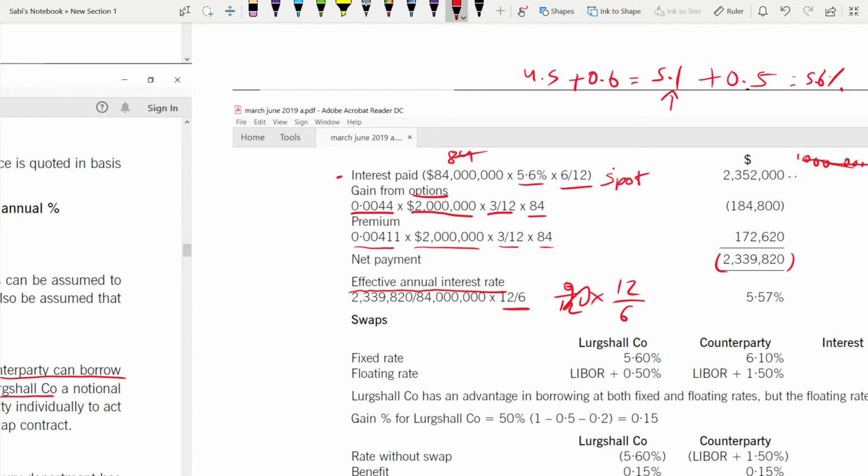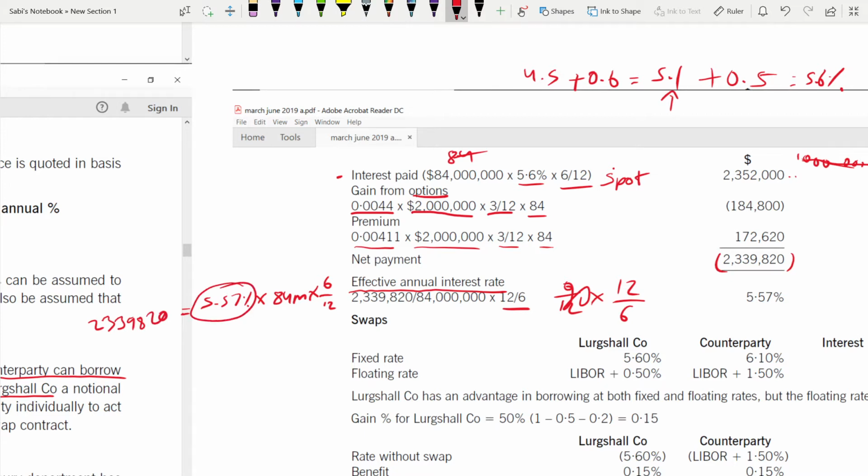The reason is when you find 5.57 percent into this 84 million into 6 over 12, you have to get 2339,820, this amount, which I'm writing here.